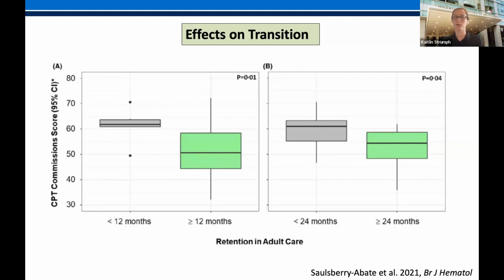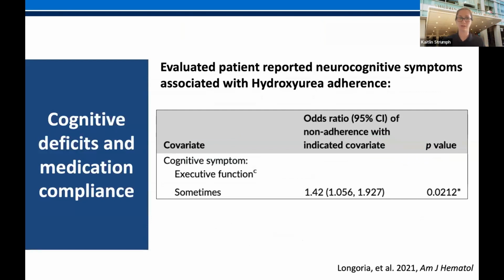And the green indicates a favorable outcome. So you can see that patients who have worse cognitive scores, so higher numbers, had lower rates of retention into adult care. We already know that patients who do retain or do transition appropriately have better medical outcomes. So it is important that they're not falling out of transition.